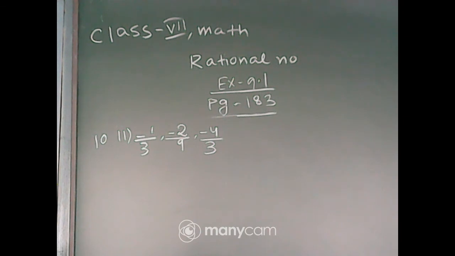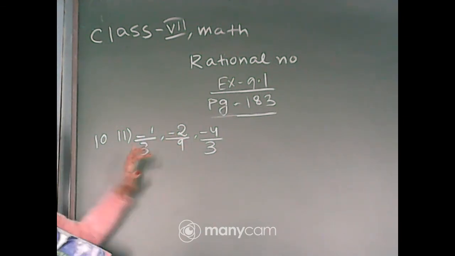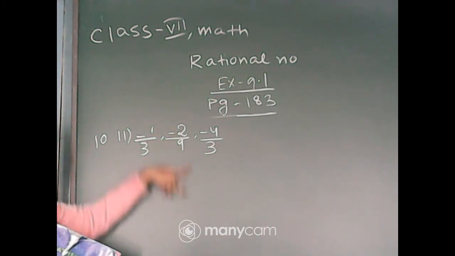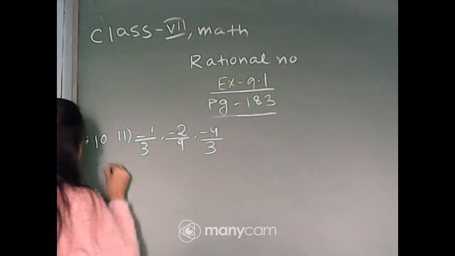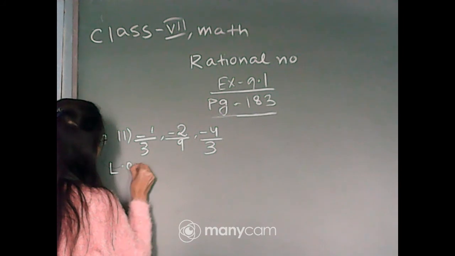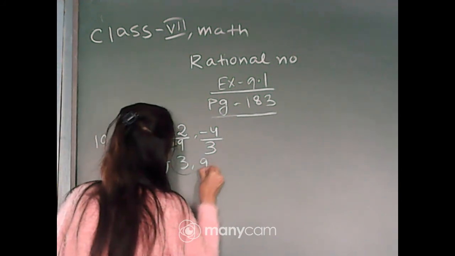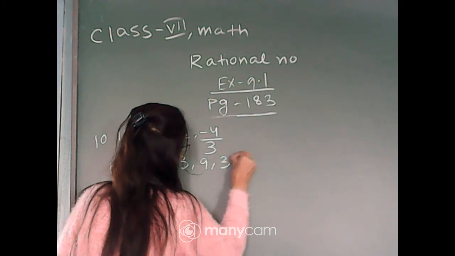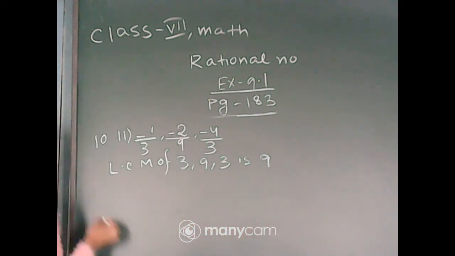For this, we first find their equivalent rational numbers which have the same denominator, and the same denominator is given by the LCM of 3, 9 and 3. Now, LCM of 3, 9 and 3 is 9.